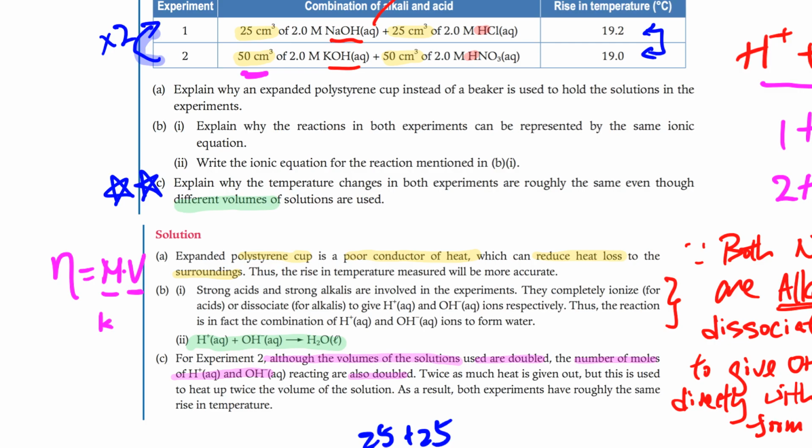If we have formed double the amount of H2O, twice as much heat is given out. This is the fact. They give out double the amount of energy. However, this double amount of energy is going to be used to heat up twice the volume of the solution. The volume is also doubled. So at the end, the temperature will roughly have the same rise.